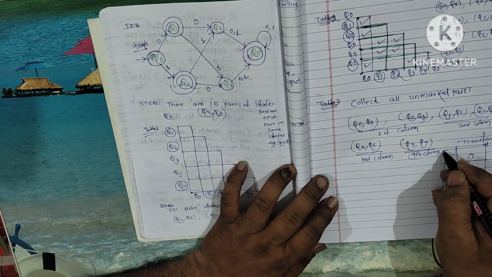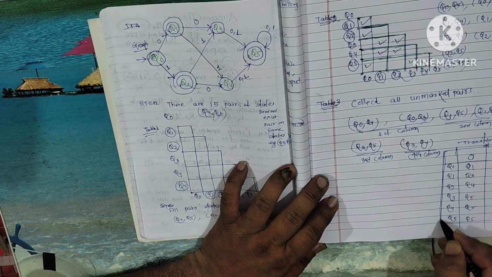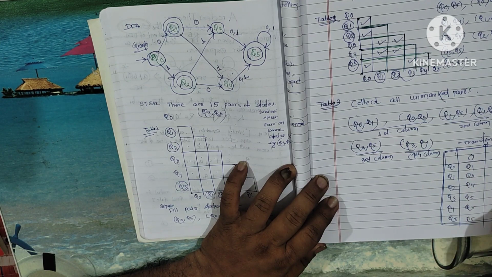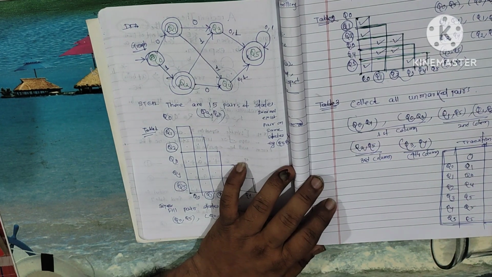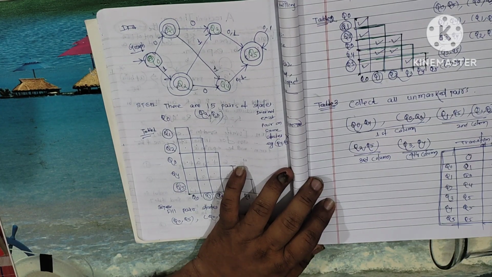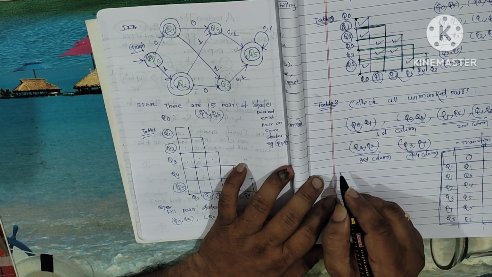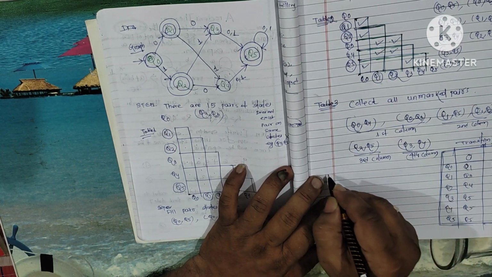I hope you people have already seen how to construct the transition table, right? So let us check all the unmarked pairs.